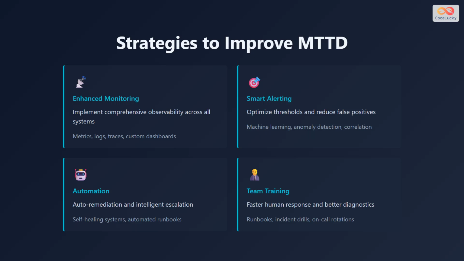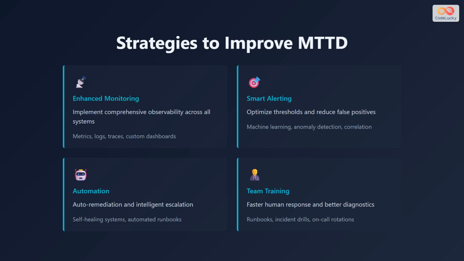To improve detection speed, focus on 4 key strategies. First, enhance your monitoring. Deploy comprehensive observability tools that collect metrics, logs, and traces from every component of your system. Create custom dashboards for critical services. Second, implement smart alerting. Use machine learning and anomaly detection to reduce false positives and catch real issues faster.